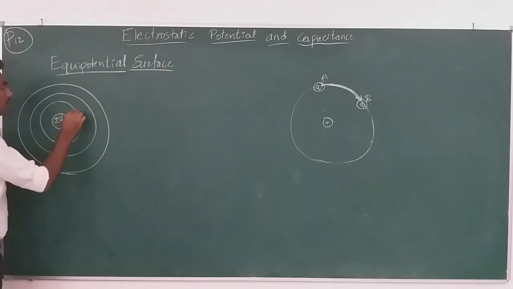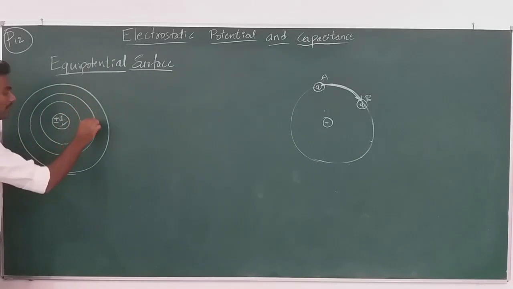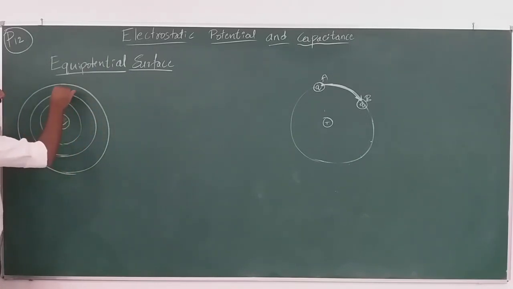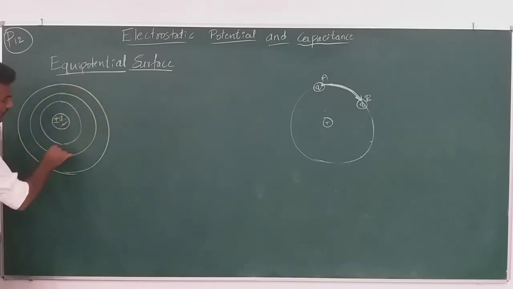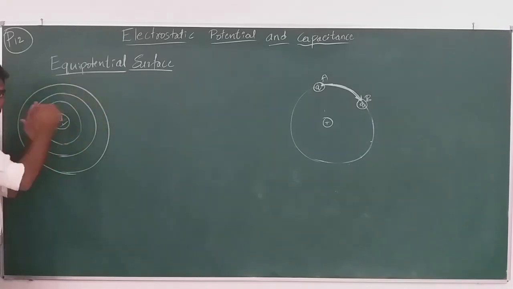Now if I go from this point to this point, the potential is something new, which is actually lesser than the potential at this point, but on the surface of this new sphere, all the points have equal potential. Similarly, if I come to this surface, you should imagine it in 3D, right?